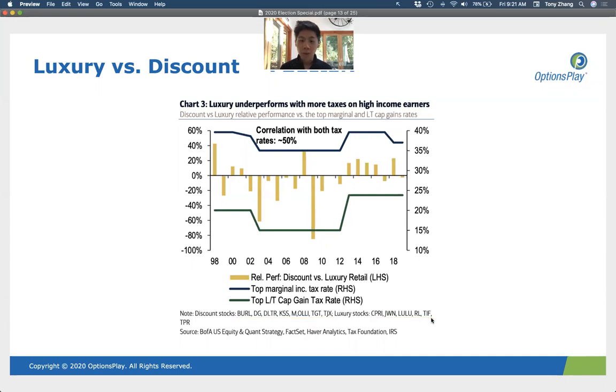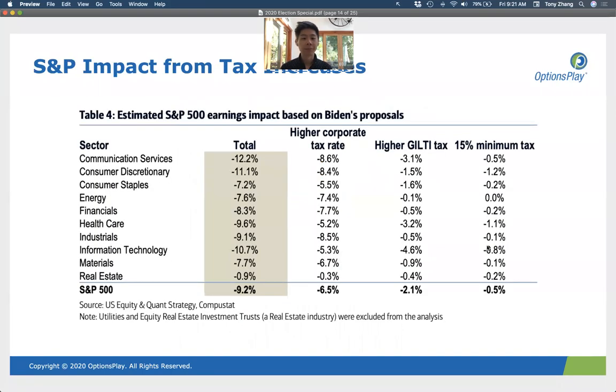So if we do see that Biden victory, which again, the polls are skewing in that direction right now, that doesn't guarantee the outcome of the election, but our expectation is that you will likely see discount retailers continue to outperform the luxury retail stocks here.